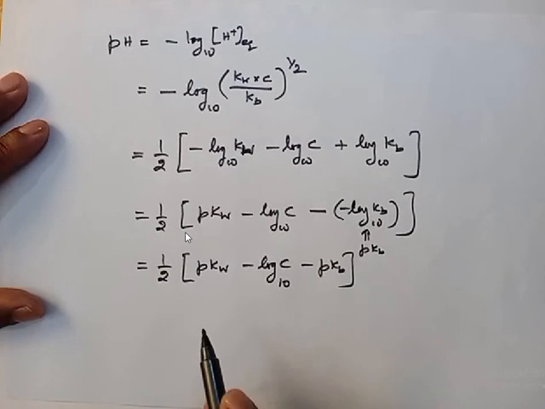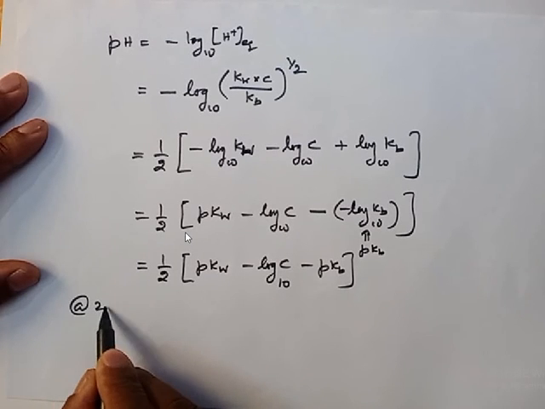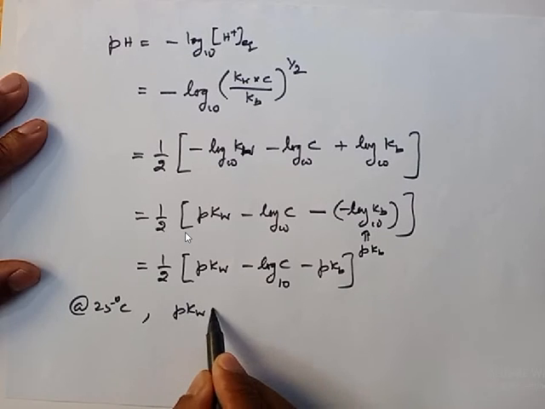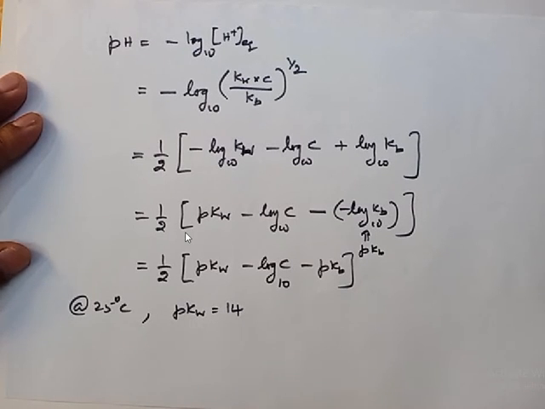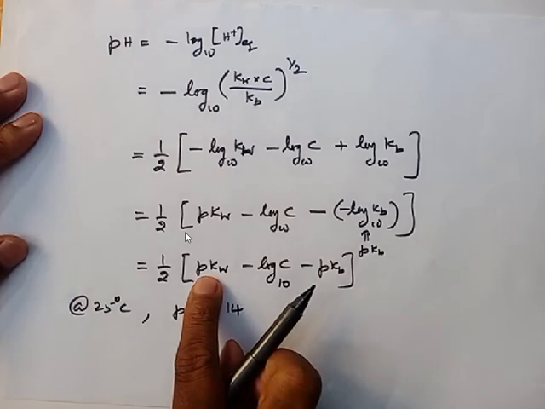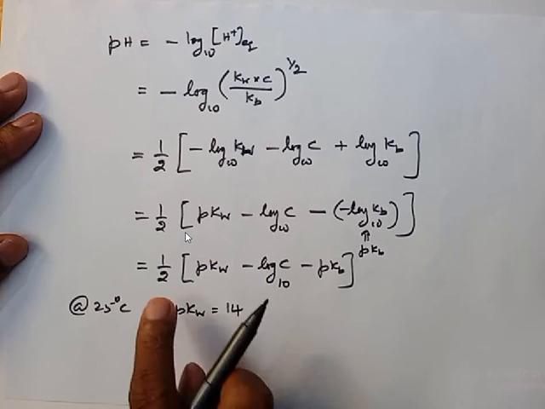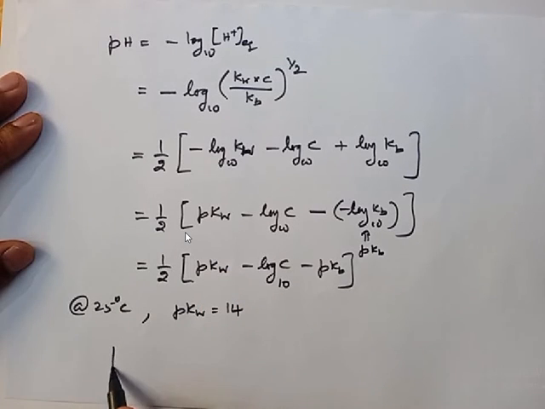Right, and we know very well at 25 degrees Celsius, pKw of water is 14. So if I put 14 here, you'll get 14 minus log C minus pKb. So if I multiply by 1 by 2, I'll get pH equal to, first I'll write once, pKw is 14.